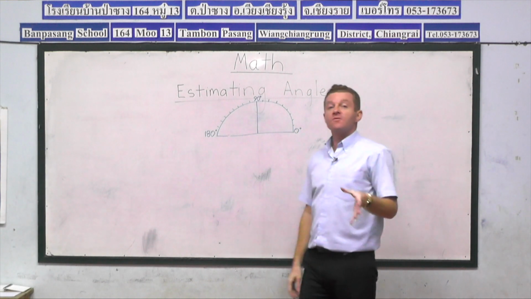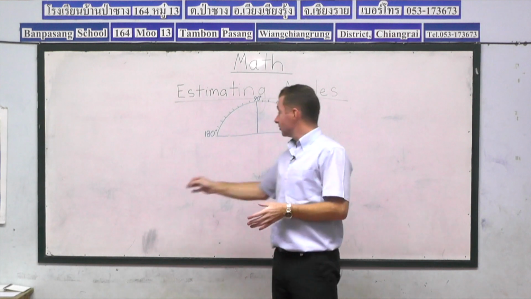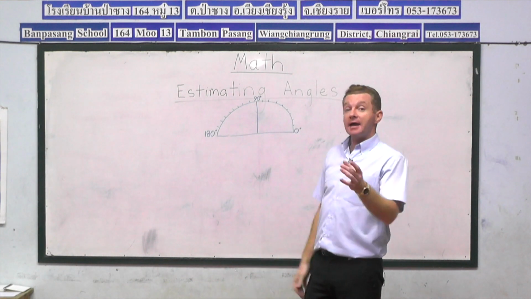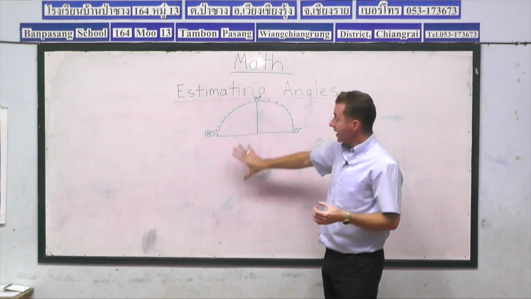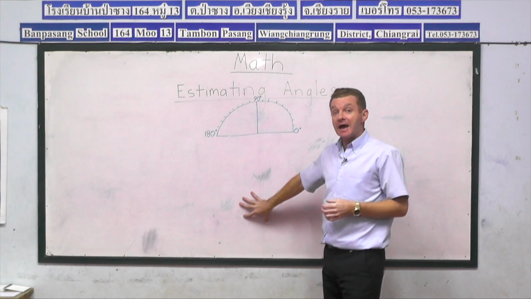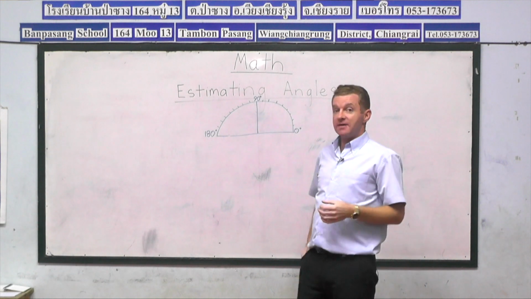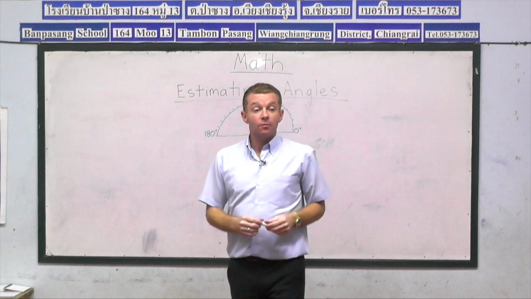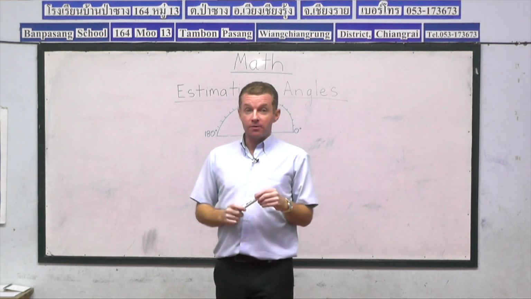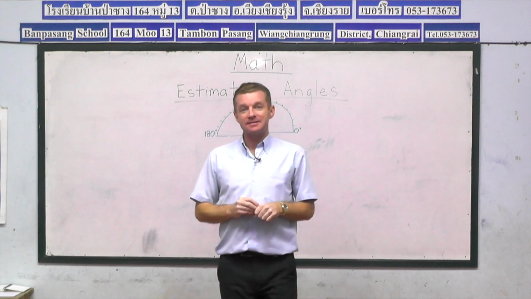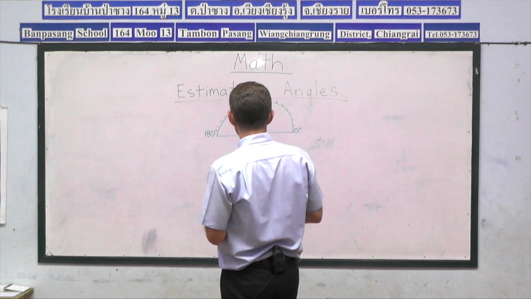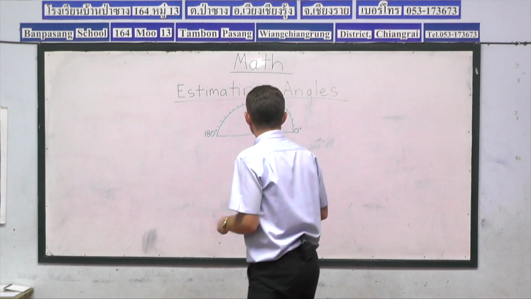So what you need to do, teachers, is to draw angles of different sizes and have a student come forward each time, look at the protractor, and then estimate the size of the angle based on the different readings. So what we need first is an angle on the board, and then a student to come forward and estimate the size. So let's see, angle number 1.